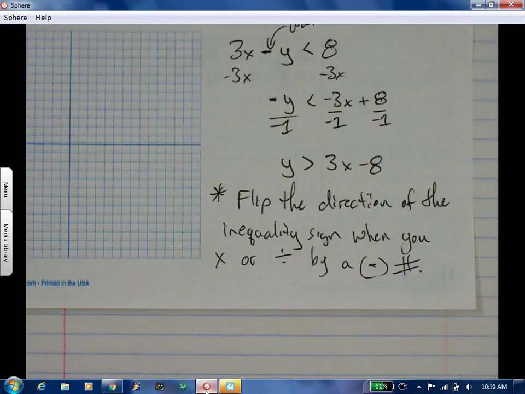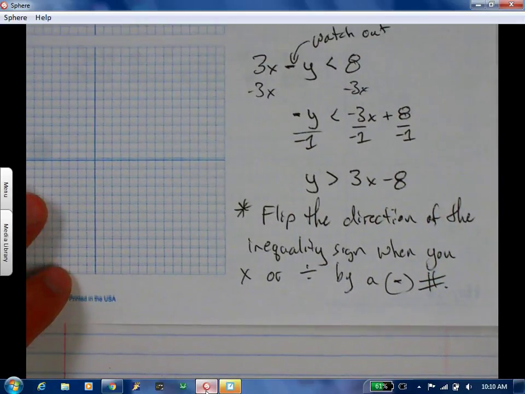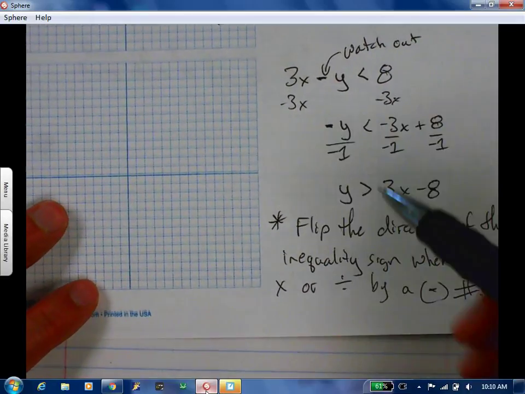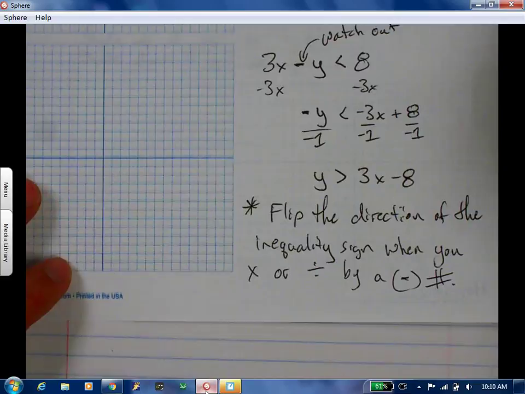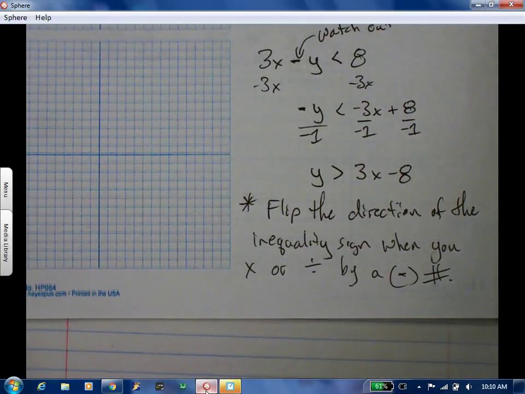Do we need to graph this one also, or should we move on? Let's go for it. It shouldn't take too long. This is where if you check it, you go on the wrong side, it'll tell you.